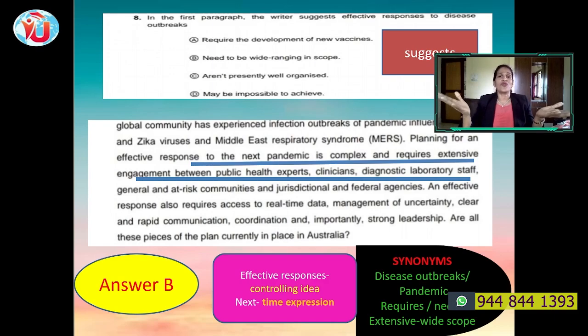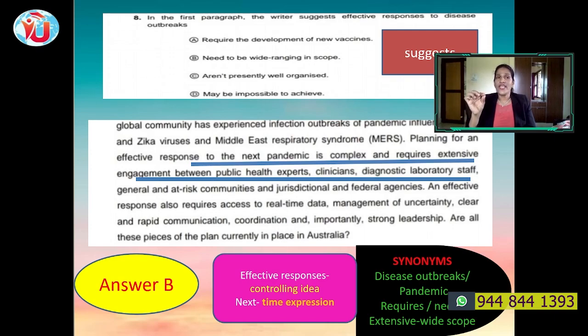So it's not difficult to understand what a pandemic is. Coming to requires. You see the synonym? Requires is needs. So the option gives that. And extensive. Extensive meaning wide scope. Okay. So what are the effective responses?